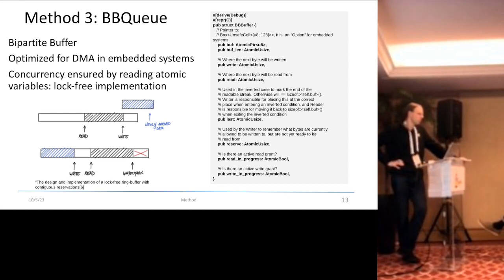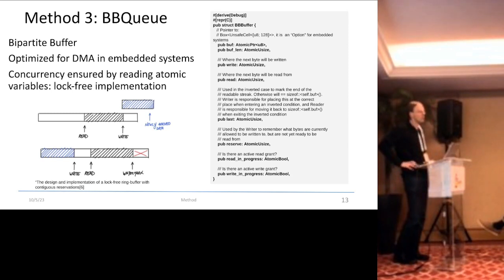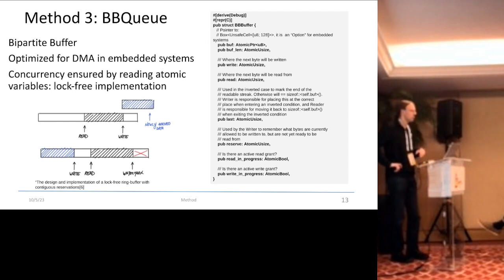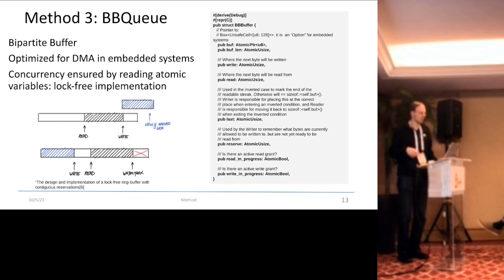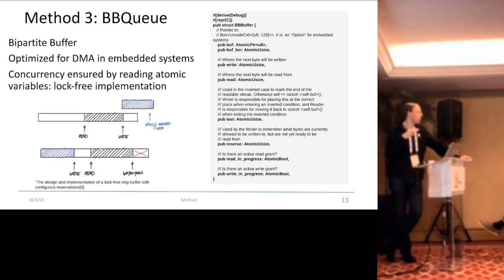What I would like to explain to you is the main case study, which is the BBQueue library, which is a bipartite buffer, hence the BB in BBQueue. It implements a queue, but it has a limited size of the buffer. The idea is that this queue can be used by multiple threads at the same time, and we can read as long as there is data, and we can write as long as there is space.